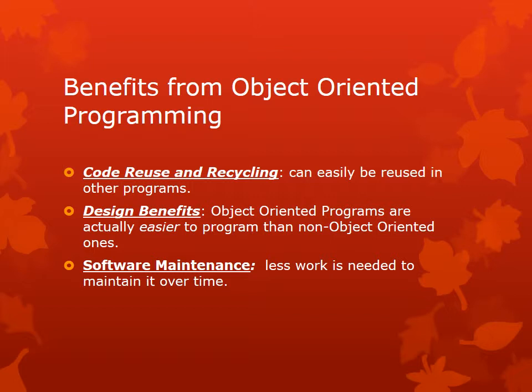An object-oriented program is much easier to modify and maintain than a non-object-oriented program. It is easier for another developer to take over because object-oriented programs or modules have structures to follow. So although a lot of work is spent before the program is written, less work is actually needed to maintain it over time.